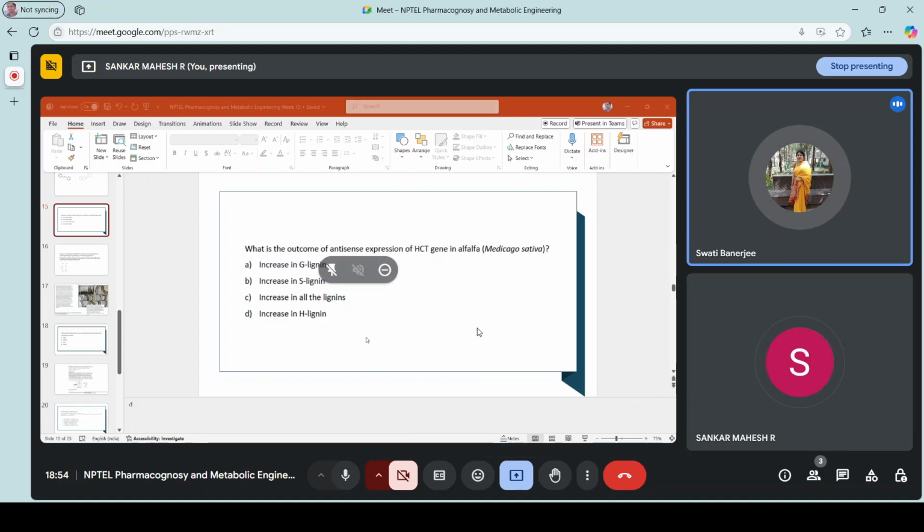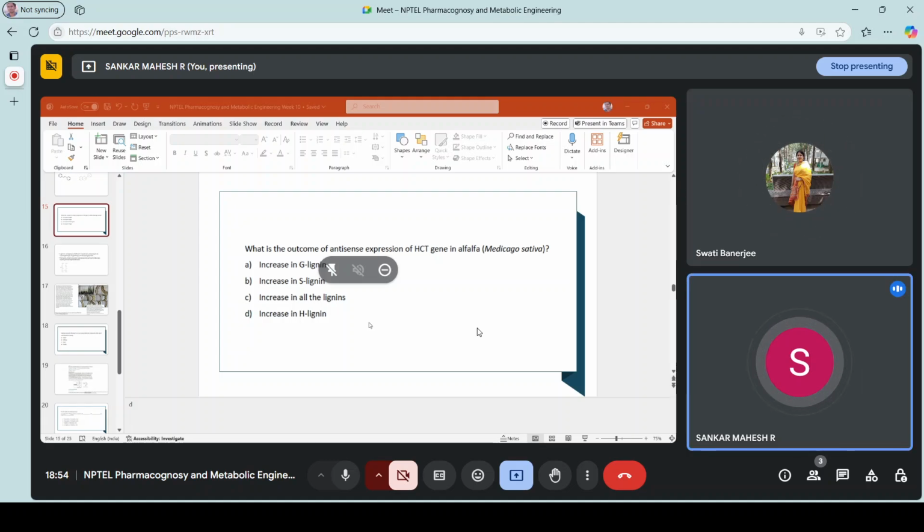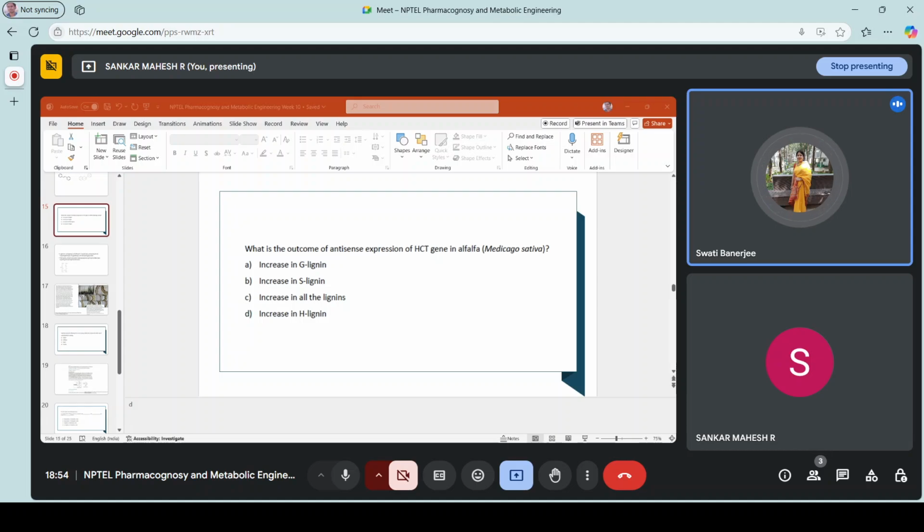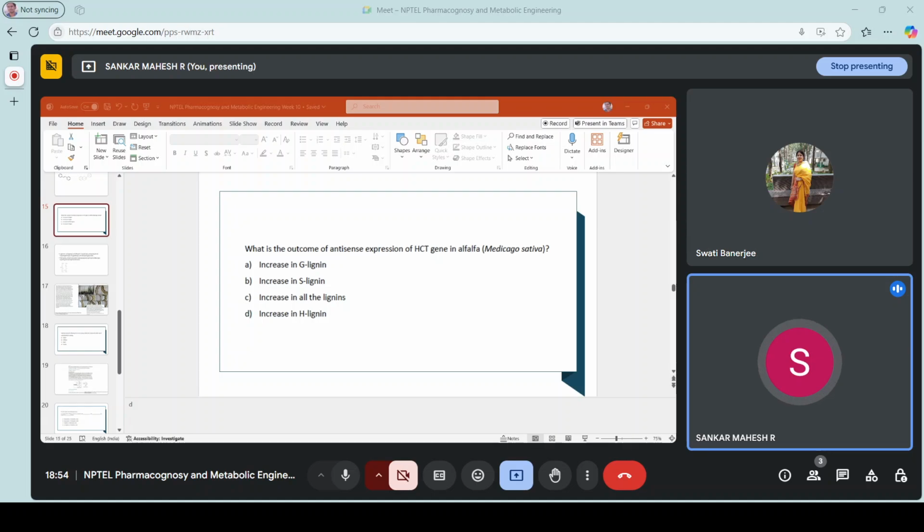No, when we do an antisense expression for this HCT gene, or any gene, what will be the levels of the enzyme? HCT enzyme, will it get increased or decreased? It will get decreased. Yes, it will get decreased because you have an RNA that binds to the mRNA and translation is not happening. So it will get decreased, right?